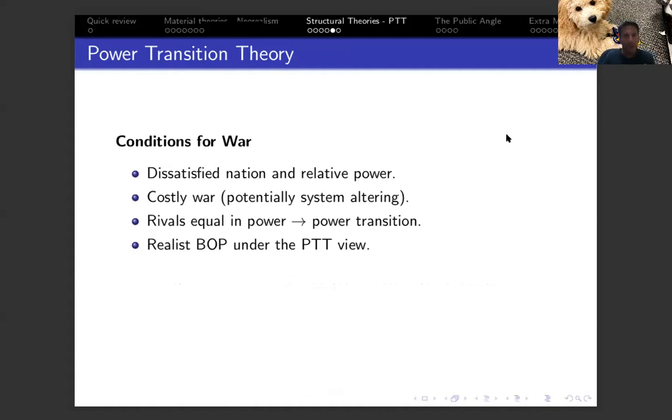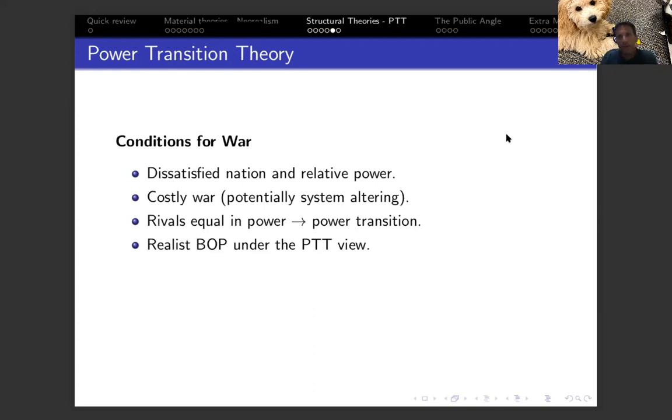Now, when both rivals, in this case, the dominant power and its challenger, are just about equal in their relative power, then again, the war is much more likely. And this time period is called the power transition period because the transition of power moves from the dominant state to its challenger, or maybe not, depending on the war.